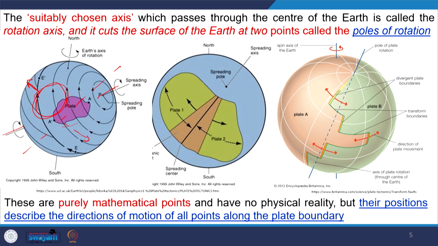But the beauty of this point is that, suppose plate 1 and plate 2 and this is the rotational axis. This plate is moving this way and this plate is moving this way, and gradually, this linear separation of these plates along this plate boundary is decreasing and finally it will be 0 here.